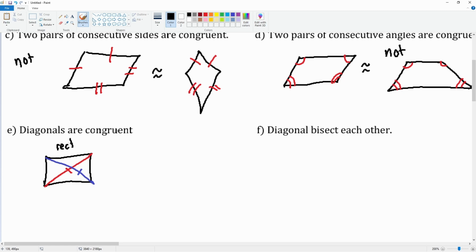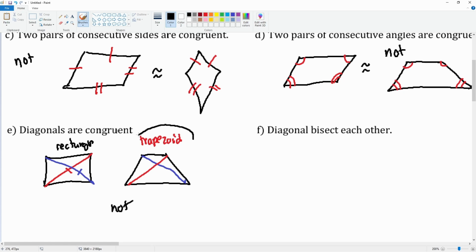It works for a rectangle. However, watch. I can also show it with a trapezoid. In a trapezoid, the diagonals are also congruent. This is also congruent to this for an isosceles trapezoid. And this makes it a no because of the trapezoid. It doesn't matter if it works for a rectangle. I showed a counterexample using a trapezoid, so it's not.